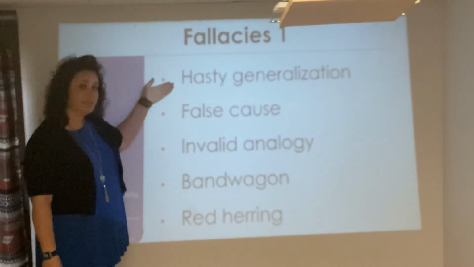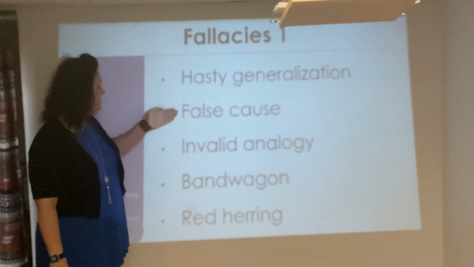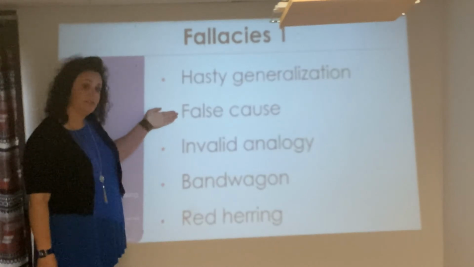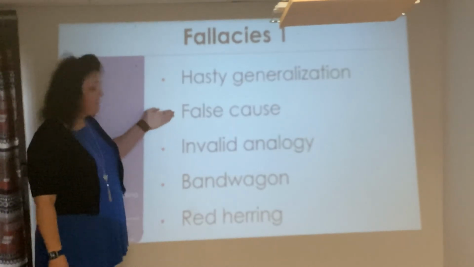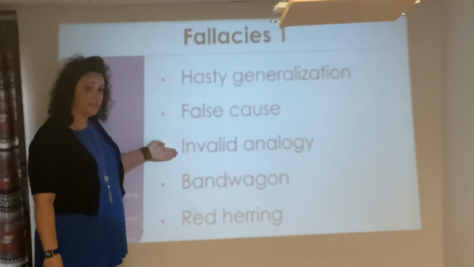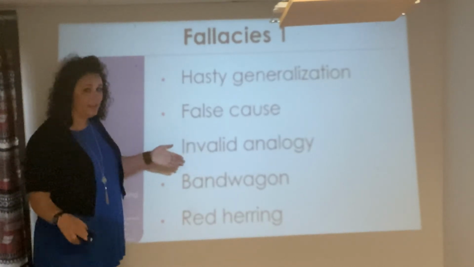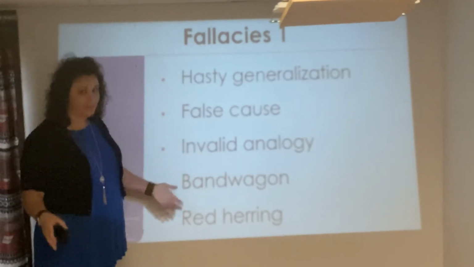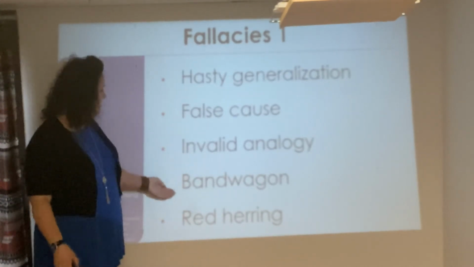Just because things seem to go together doesn't mean that they definitely go together. A false cause: did the cause really come from that effect, or is it something else? Using an invalid analogy means the things aren't really alike. Just because apples and oranges are both fruits doesn't mean that they're that much alike.